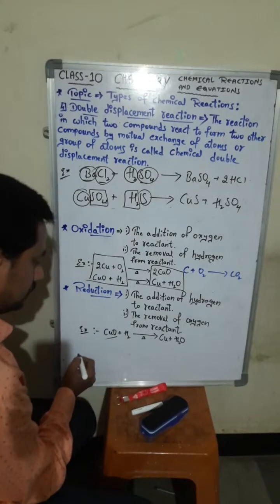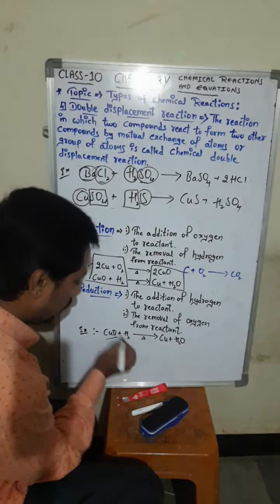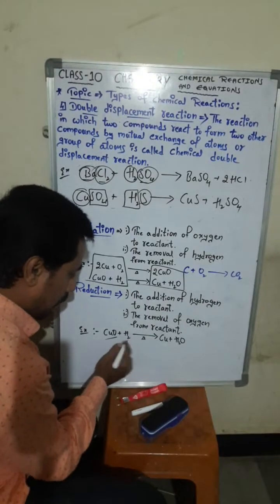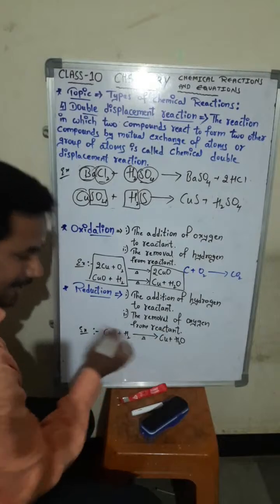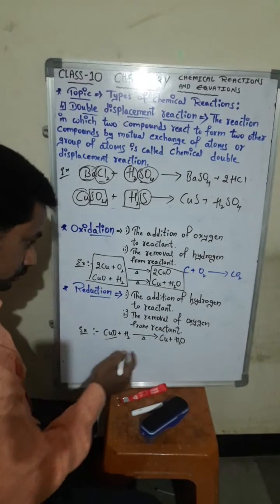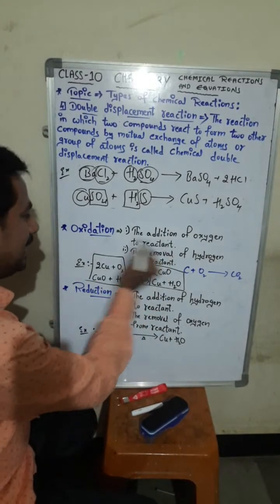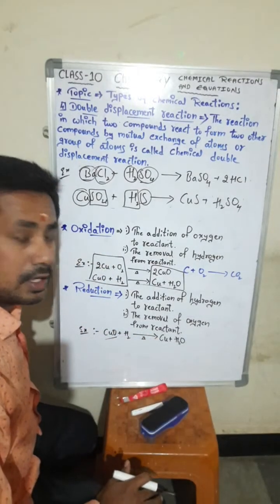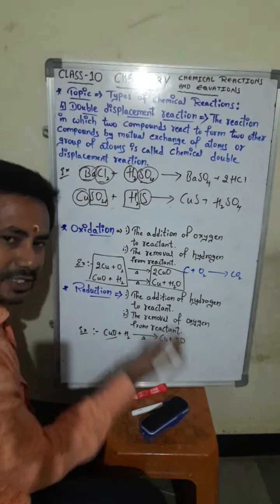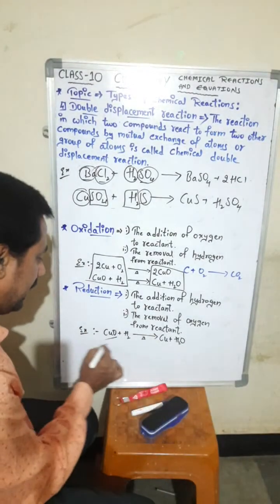CuO is there, copper oxide. Hydrogen is there. After the reaction, the hydrogen combines with oxygen. Oxygen is gained here. Yes, it is both types of reaction, students. It is oxidation as well as reduction. How is it reduction?